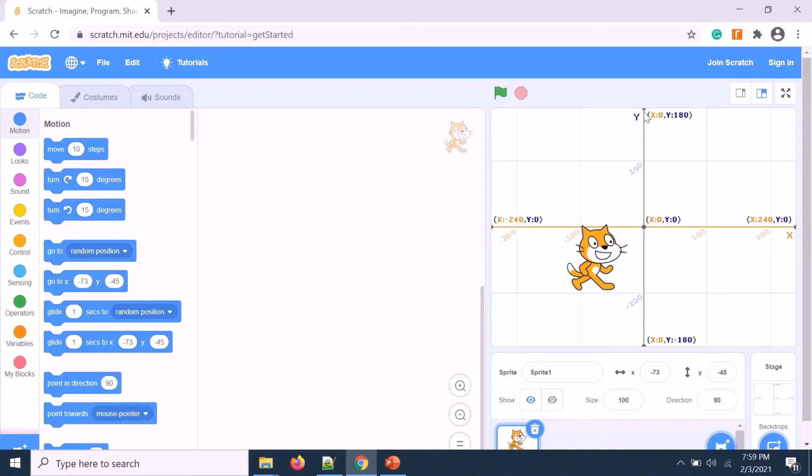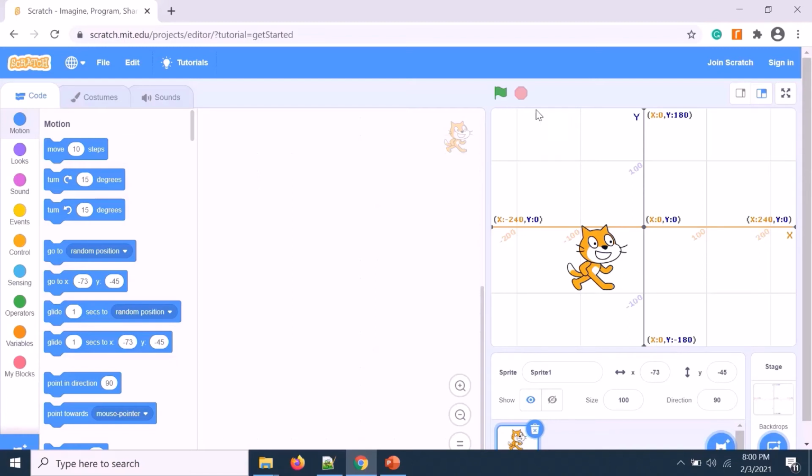In the opposite side, the x value is negative, and it's a rectangular area. So the maximum x value you can take is 240, and in the negative direction minus 240. Similarly for the y direction, in the positive direction x is 0 and y is 180, and in the opposite direction x is still 0 and y is minus 180.